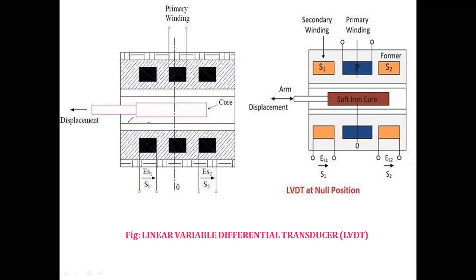So if it moves to the left hand side, ES1 is greater than ES2, whereas if the core material moves towards the right hand side, ES2 is greater than ES1.